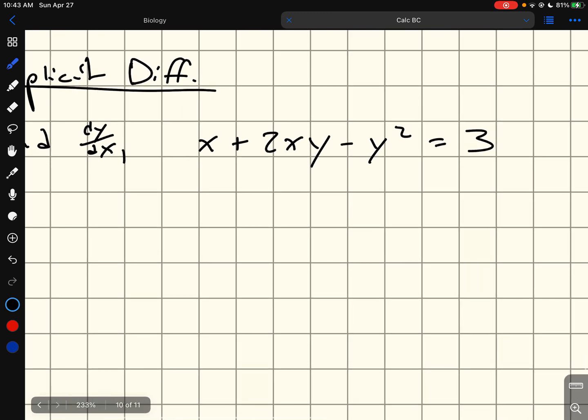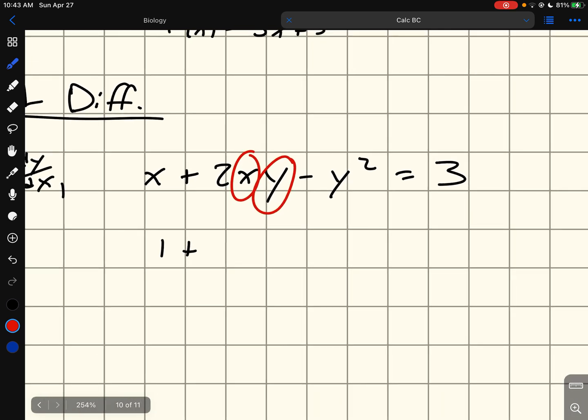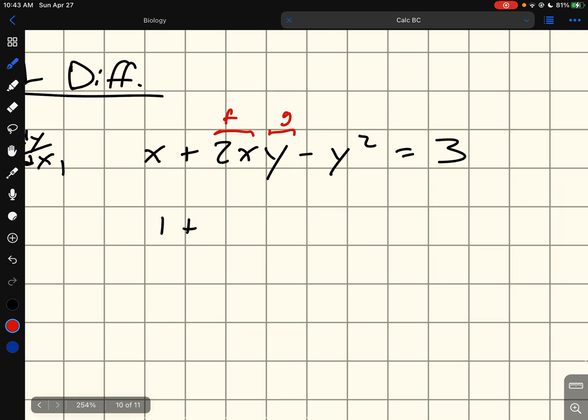So let's take the derivative of this. x is easy, it just becomes 1. Now you see how this is a function and this is a different function? They're like two different variables, so we're going to have to do product rule. And this 2, I'm just going to keep it attached to that x. If I name this one f and this one g, remember, product rule is f prime g plus g prime f.